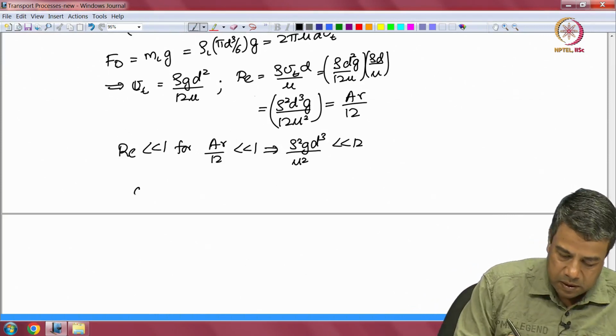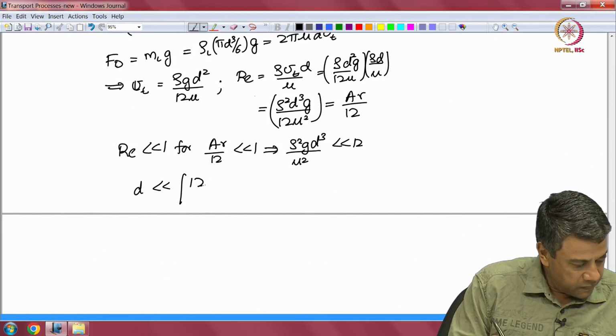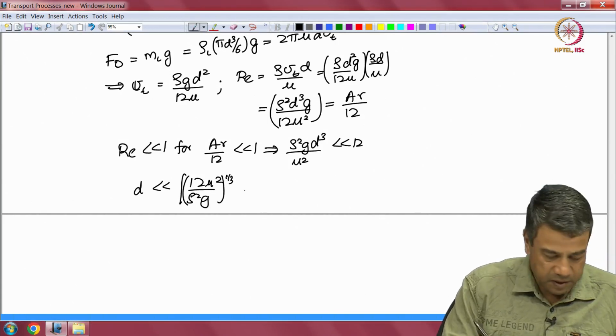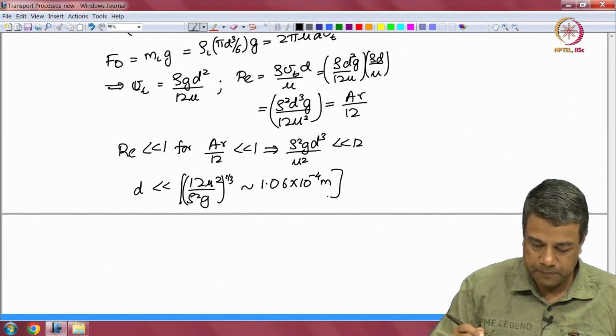Or d is very much less than 12 mu square by rho square g whole power 1/3, okay, which is approximately equal to 1.06 into 10 power minus 4 meters.